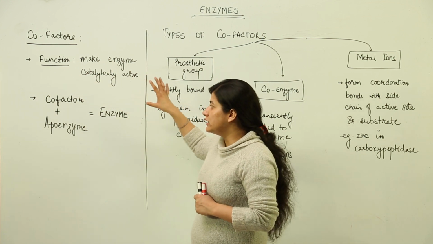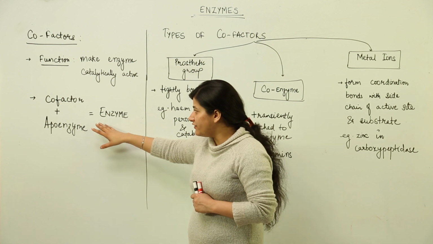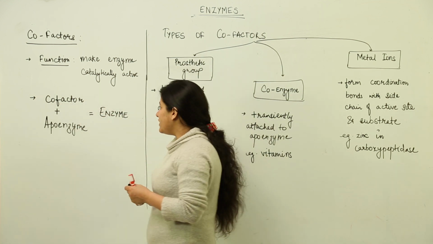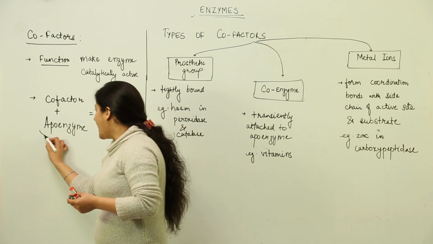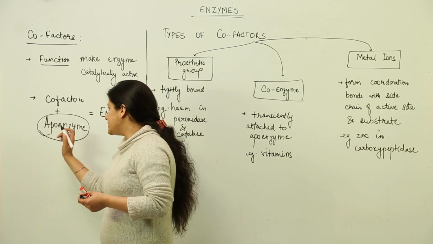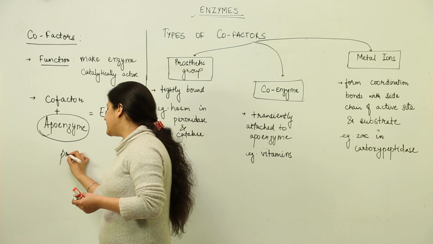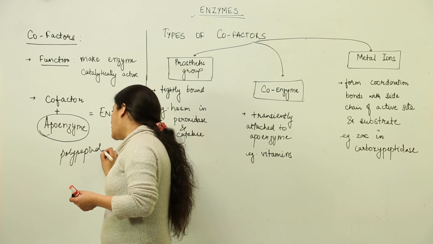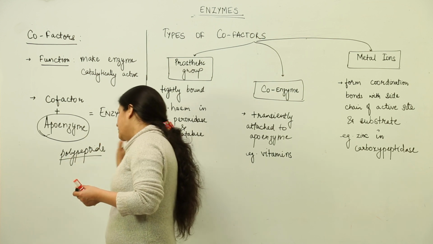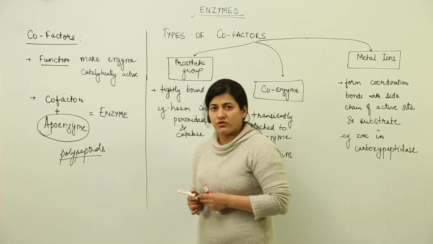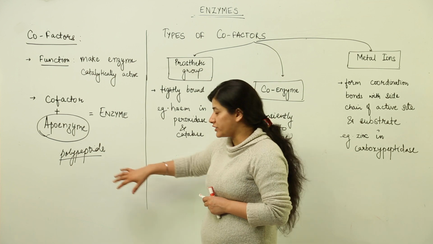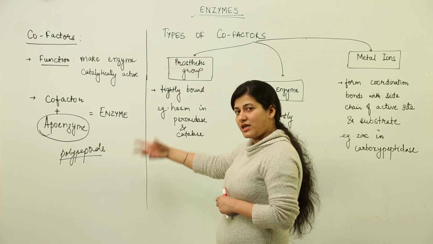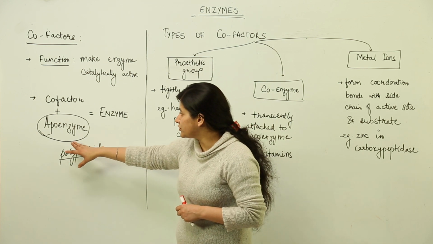Okay, so if we have to identify the enzyme keeping in mind the importance of the cofactor, what we have is a part known as the apoenzyme. Now this apoenzyme is nothing else but the polypeptide which might have undergone structural specialization, where a secondary or tertiary structure would be formed, or quaternary structure, whatever structure it takes on in the later stages.